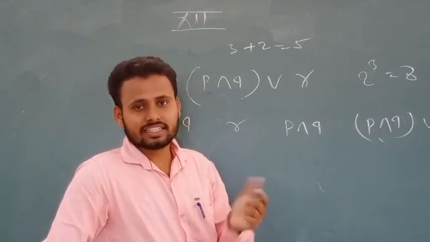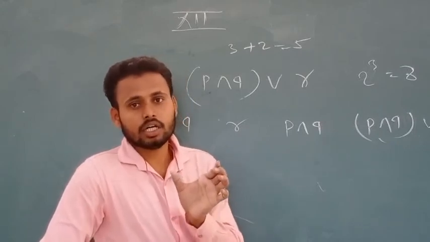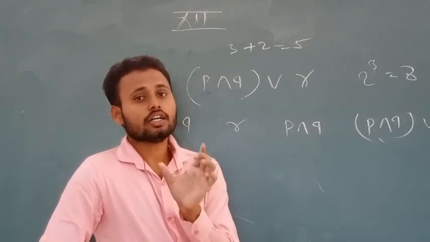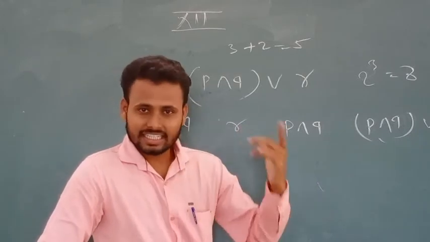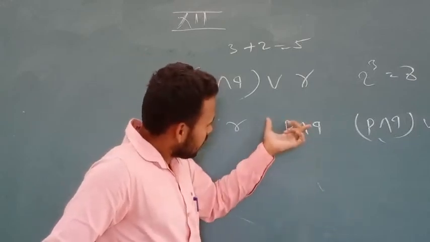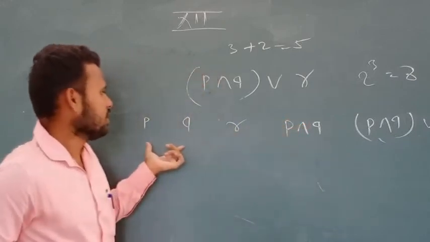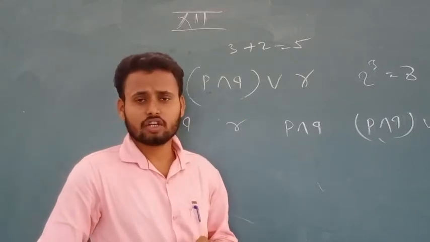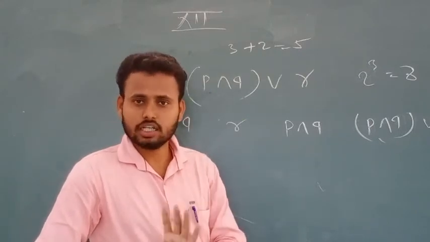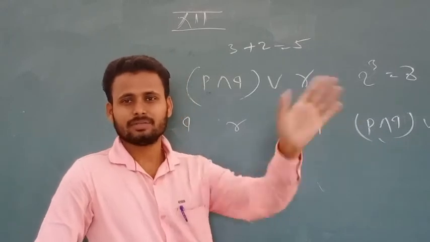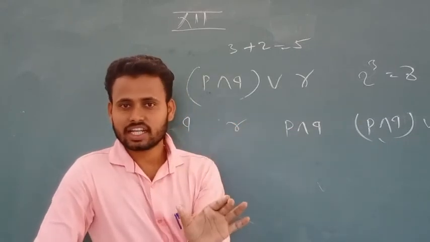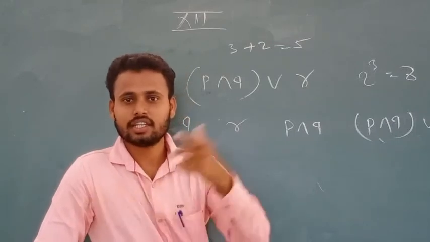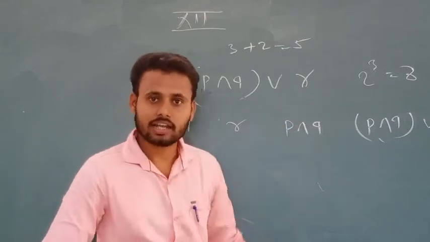And suppose in a statement pattern there are m statements and n logical connectives, then the truth table of that given statement pattern involves m plus n columns. So simply, we count how many statements there are, count how many logical connectives there are, and add the two. The addition is the number of columns.